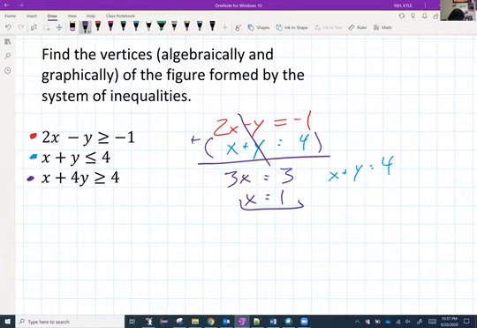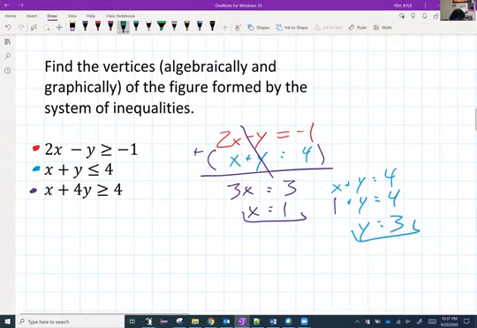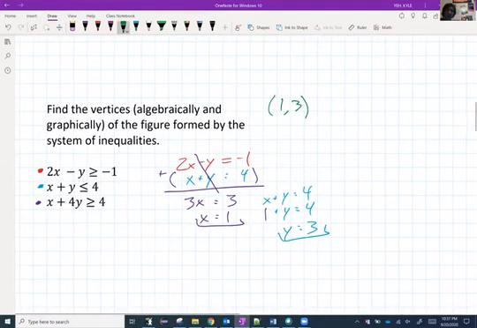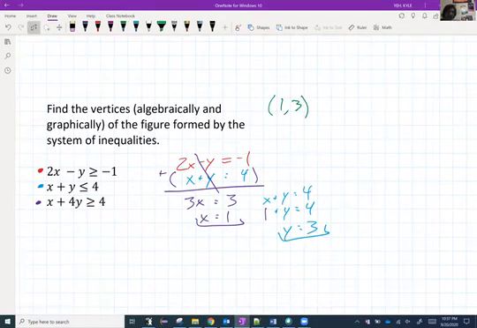So 1 plus y equals 4, y must equal 3. So one of our vertices looks like (1, 3), and I'll list it up here at the top. I'll be checking that on my graph later, so I'm not going to plug it into the calculator at the moment. So I found where red hit blue.